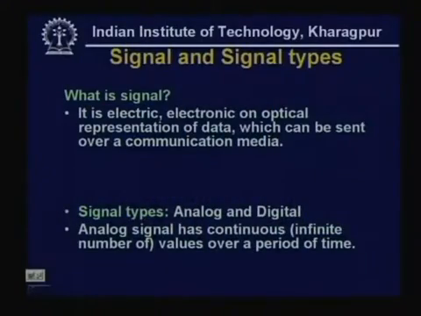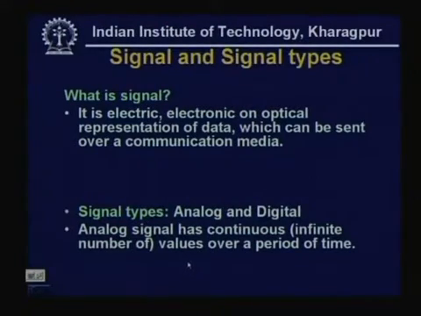Then that light can be communicated through the optical fiber medium, or sometimes we send it in the form of a magnetic field. So we can say it has to be some form which can be electric, electronic, optical, or some electromagnetic signal.